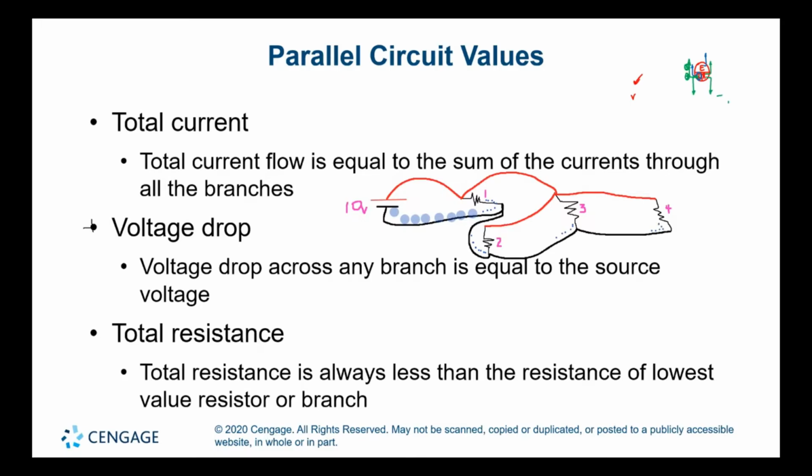Each individual branch is getting the same potential difference, my 10 volts, and each one of them is drawing its own individual current. But because everything is coming from the power source, the total current flow is equal to the sum of the currents through all the branches.